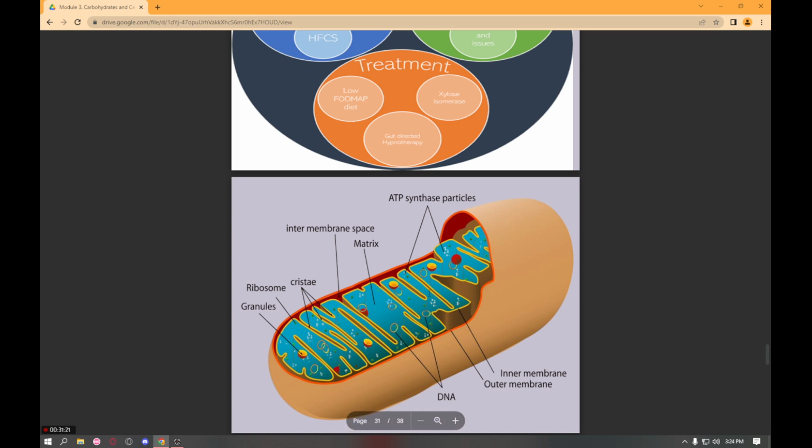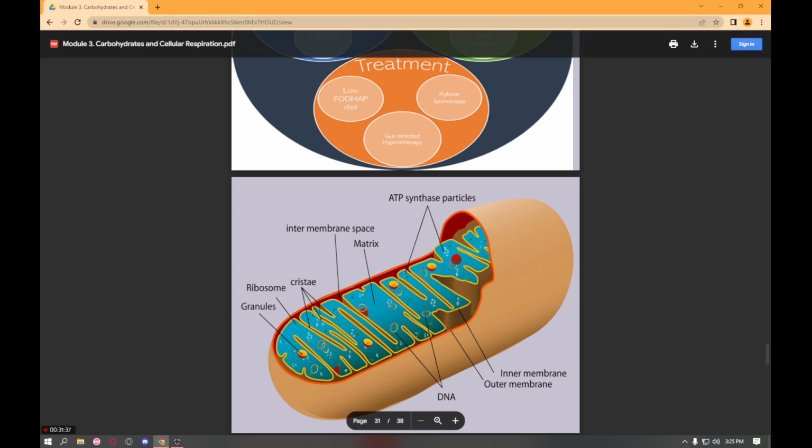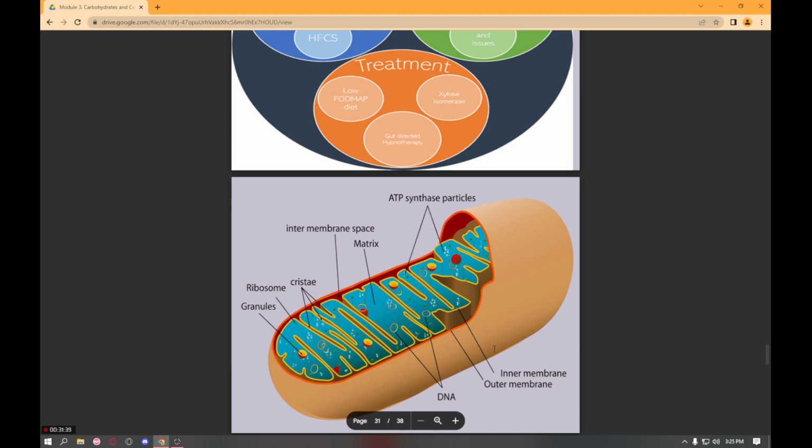In the glycolysis process, it happens inside the cytoplasm. I noticed this when I was checking my explanation under the mitochondria. If you notice, this one is the matrix which is found here, and then the inner membrane.